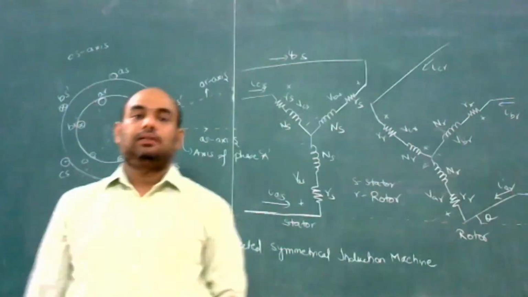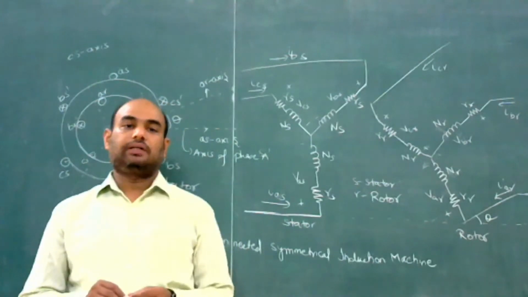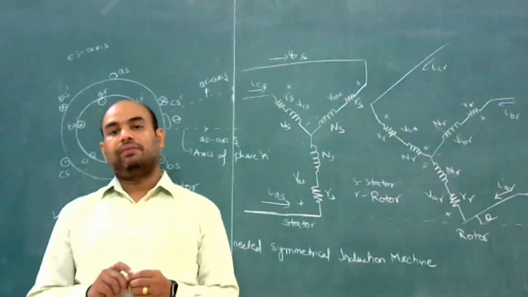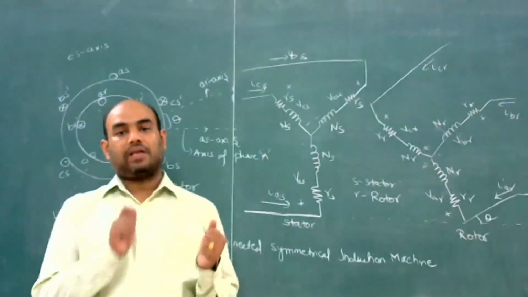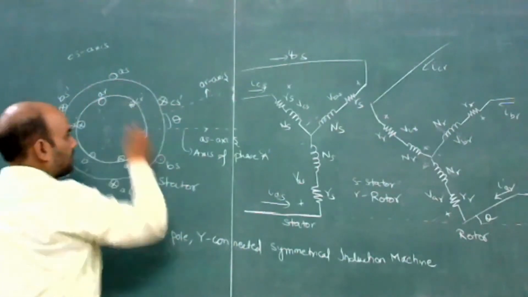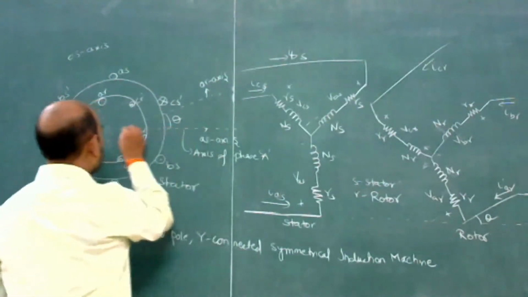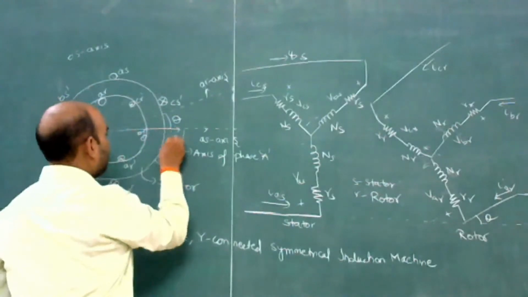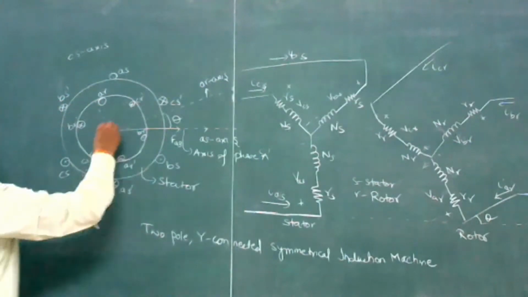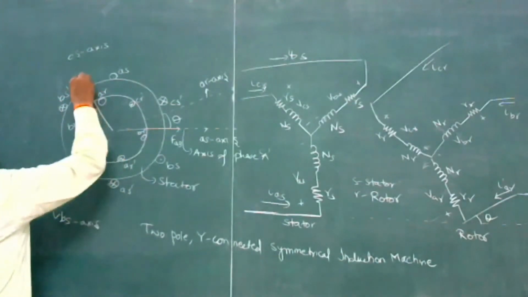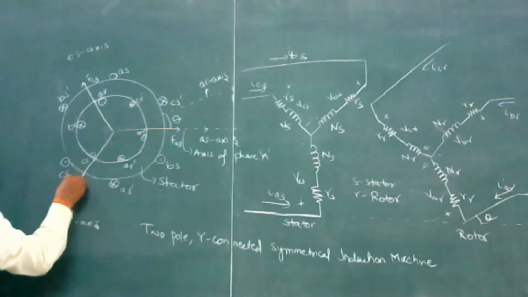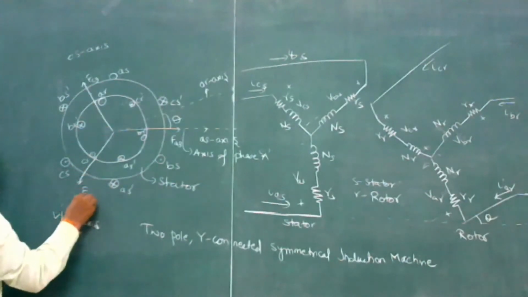The positive direction of the magnetic axis of the stator winding coincides with the direction of FAS, the MMF produced in the AS winding. So this will be FAS, the MMF produced in this coil, then FCS, and this will be FBS.